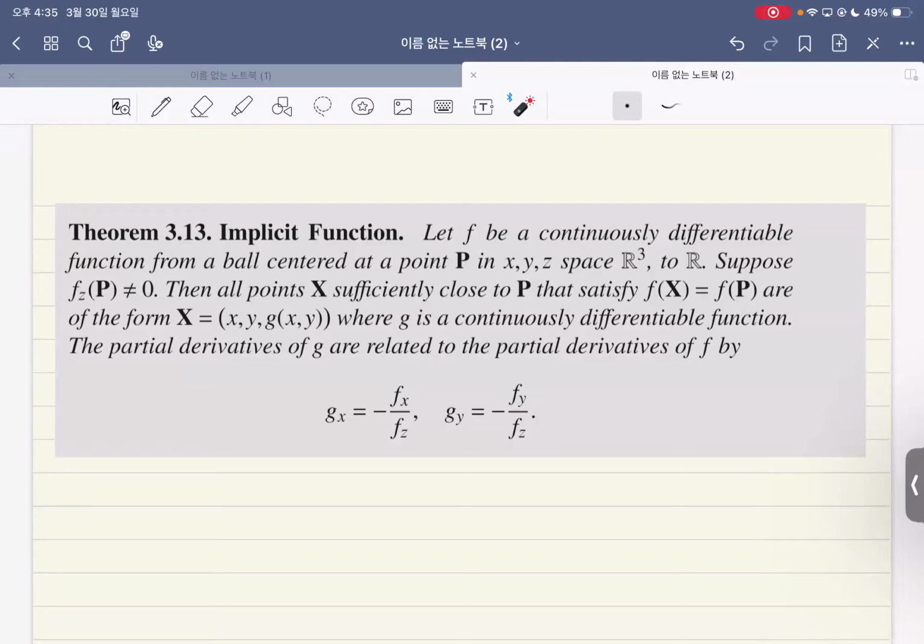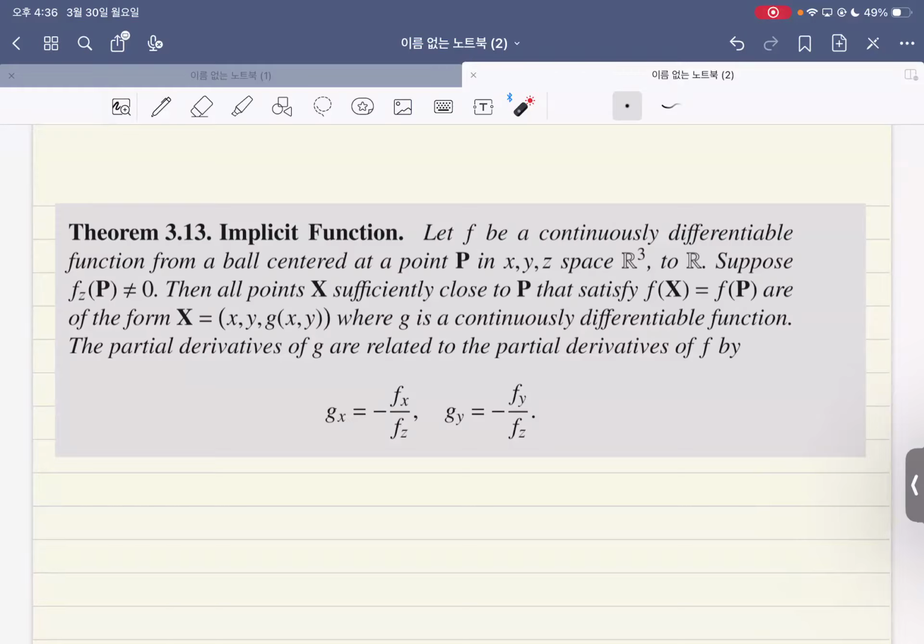Even though we have stated this result only for the letter z, you can do the same thing for another variable. For any given equation, you can try to solve the equation for, for instance, the letter x. That is only possible when f_x(p) is non-zero. If that is true, then you can solve this relation for x equals g of y and z.